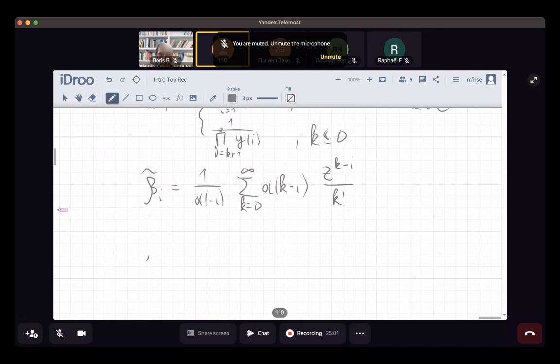You can note that this z to the power k minus I comes with the coefficient A of k minus I divided by A, so we need to take z to the power k minus I.